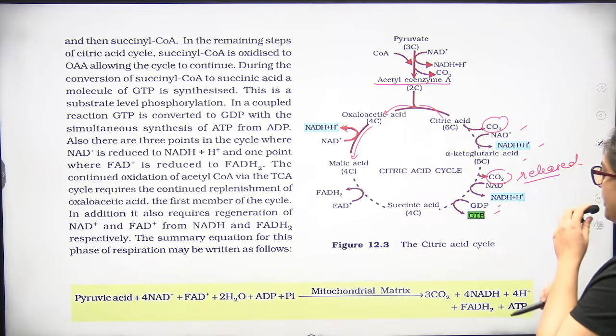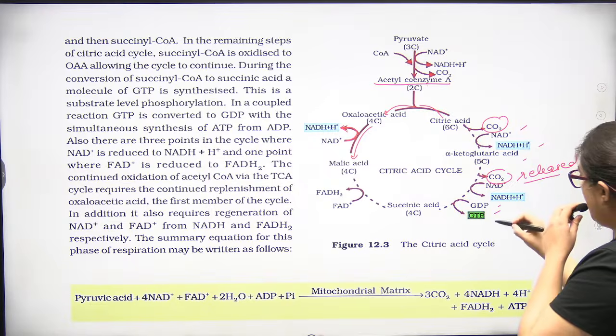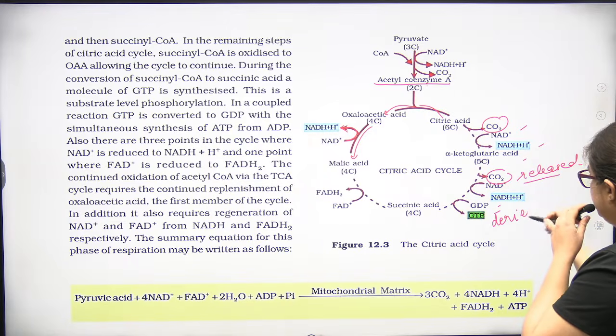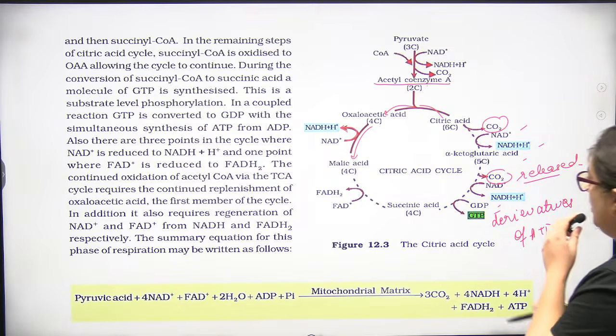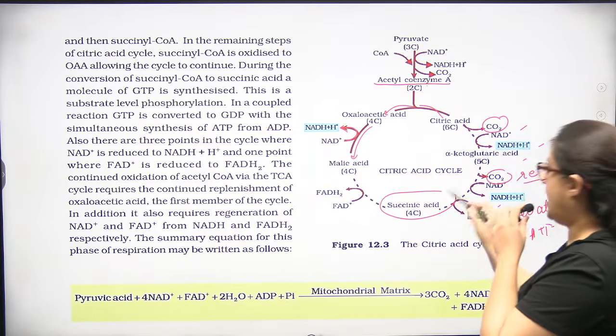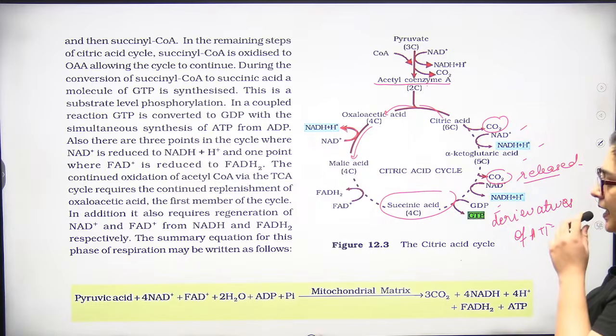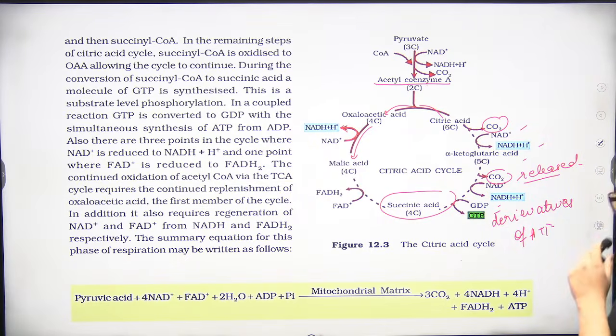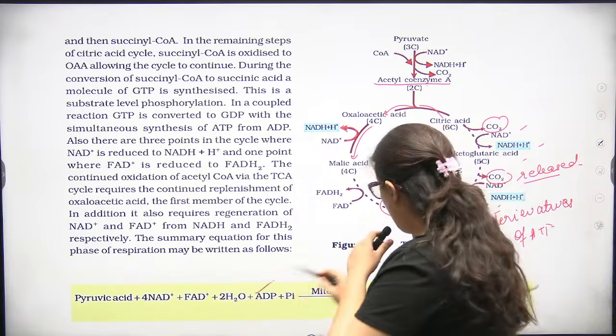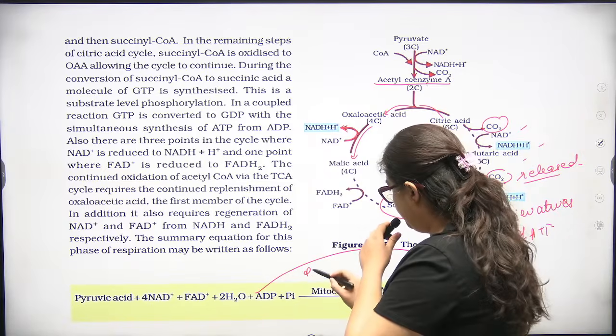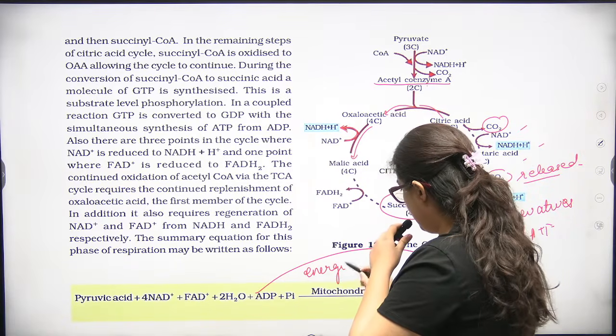GDP is converted into GTP. These are all derivatives of ATP. Now converted into succinic acid in the citric acid cycle. Here, see this, these are conversions of energy.